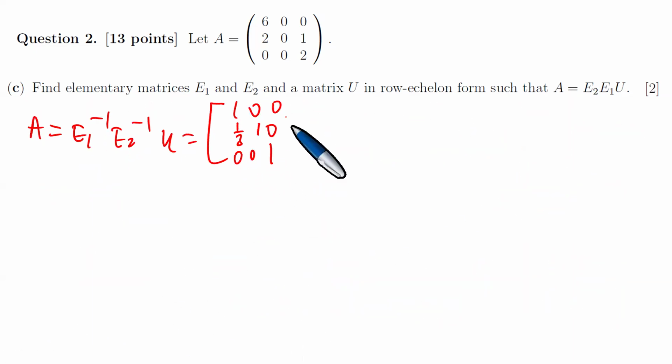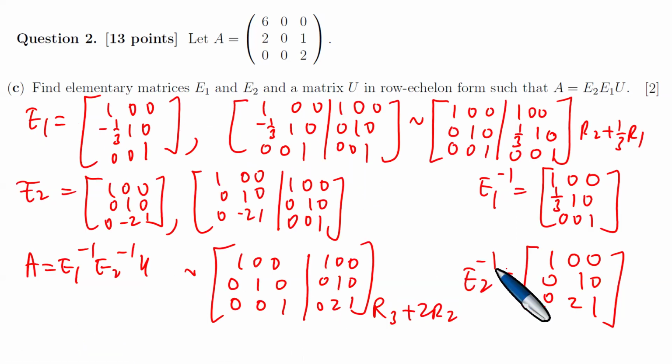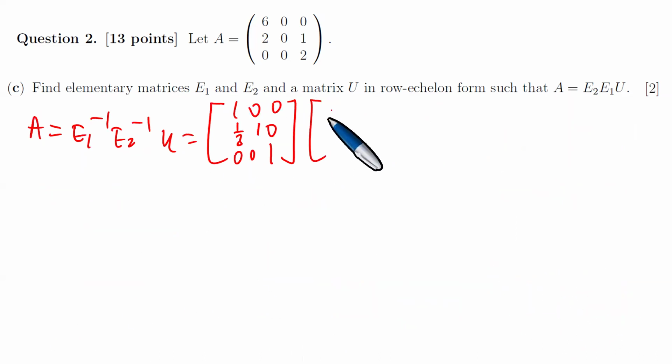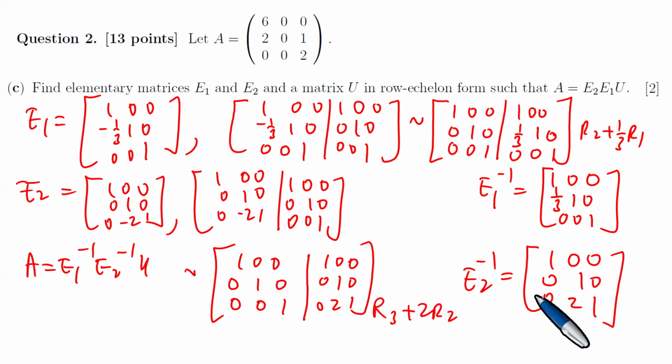Okay, this is the E1 inverse. Let us look for the E2 inverse. E2 inverse is this one, which is 1 0 0, 0 1 0, and then it is 0 2 1.